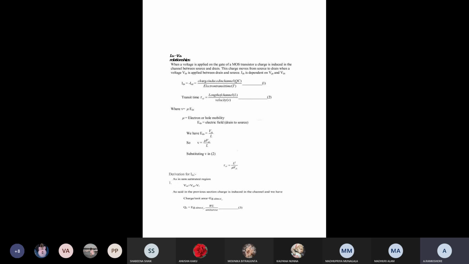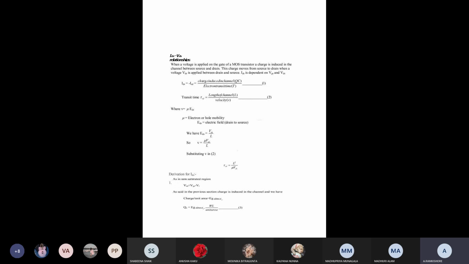Based on these factors, the charge will be induced in the channel. So Q_C is equal to E_g into epsilon naught W by L, and that will be denoted in equation 3.